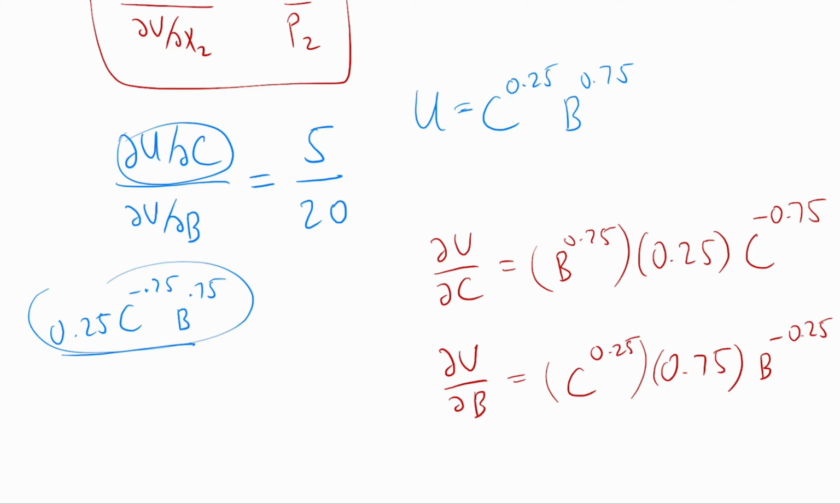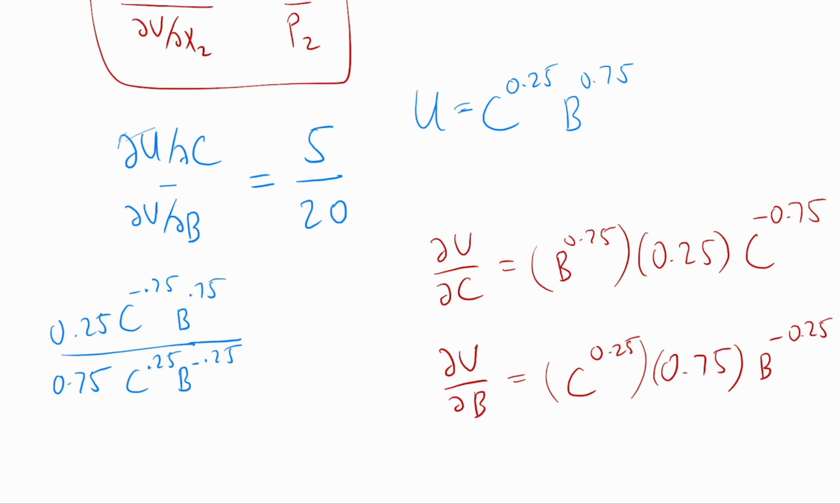Again, this is the same thing as this. I just reordered them, but it's just multiplication. Divided by this, which is the same thing, 0.75, and then c to the 0.25, b to the negative 0.25. So all this is just the ratio over here. I can uncircle this now.